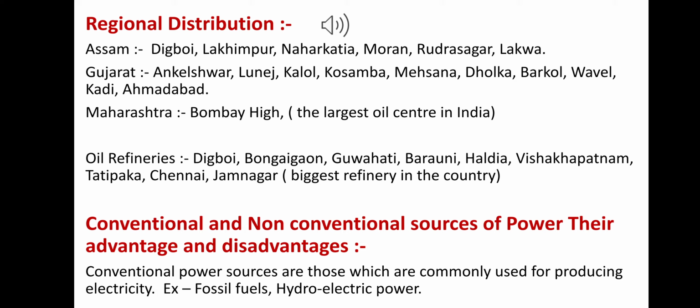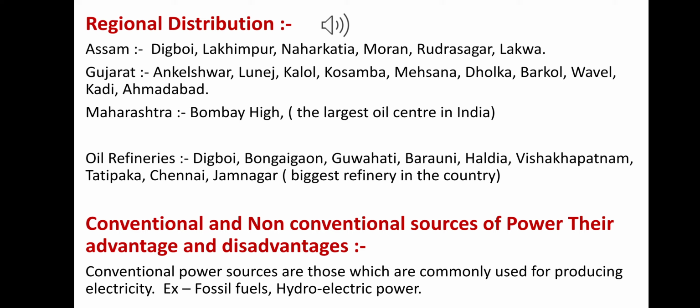Okay, and now we will discuss oil refineries. At present there are 19 oil refineries in the country and 17 in the public sector, like Digboi, the oil refinery located in Digboi in Assam. Bongaigaon is also located in Assam.